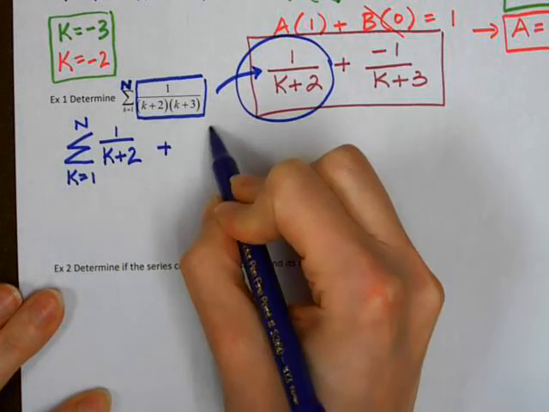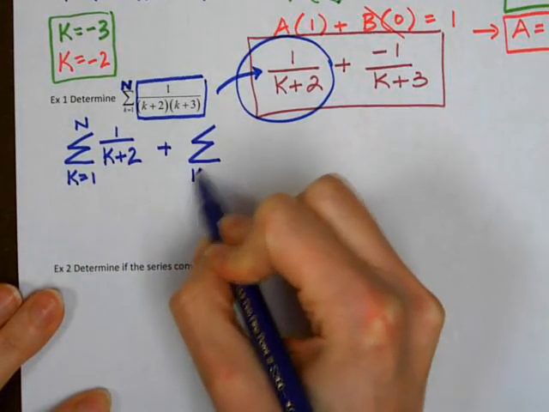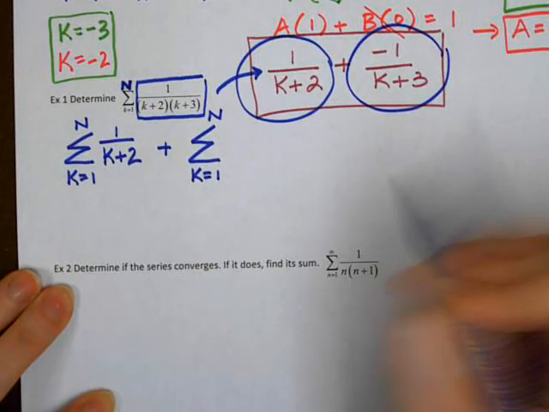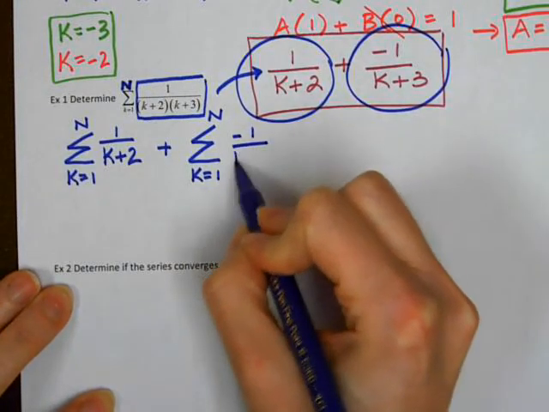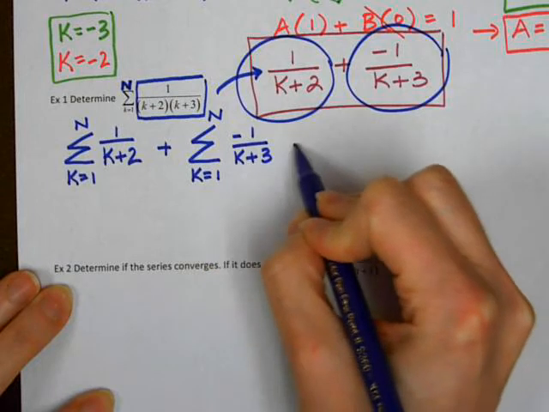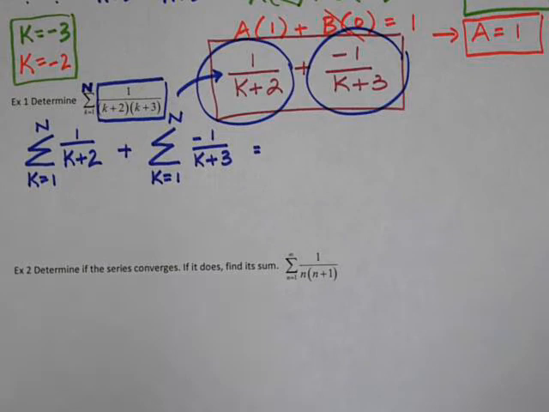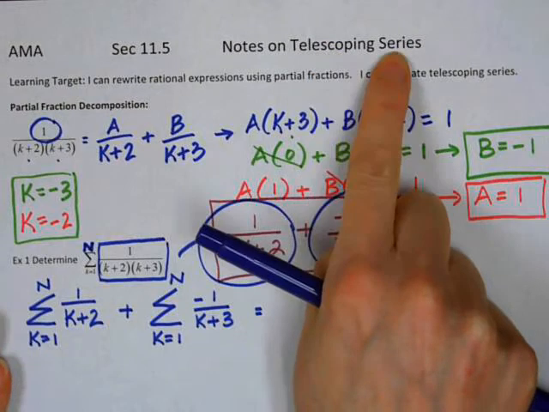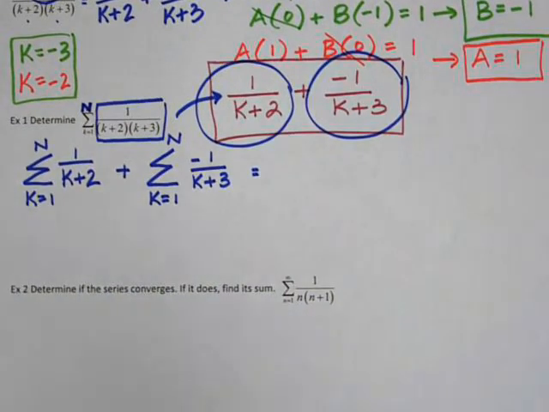And then we're going to find the sum from k equals 1 to n again of this partial fraction, -1 over k plus 3. And then let's just list out a couple of terms, and you're going to notice a pattern, and it's going to be called a telescoping series, and you'll see why in a minute.